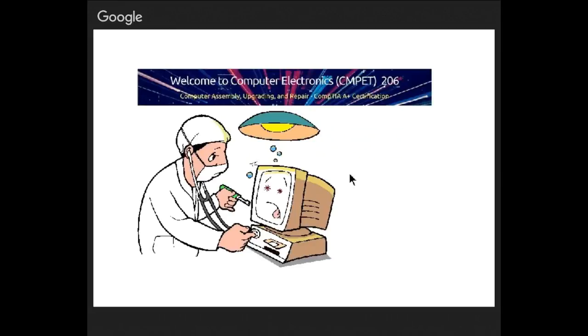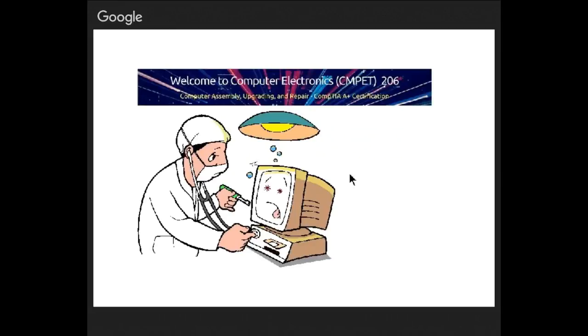The A+ certification has two parts. It has two exams that you take at two different times to complete your A+ certification. Roughly, this class deals with the first part, and the second class, Computer Electronics 210, deals with the second half.